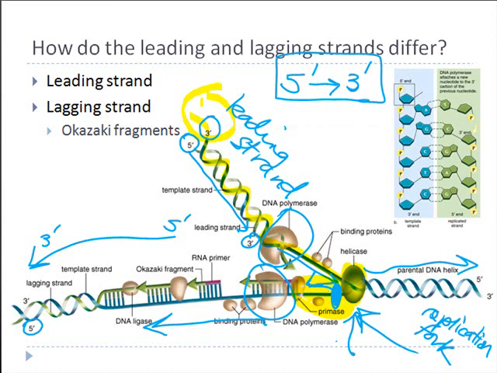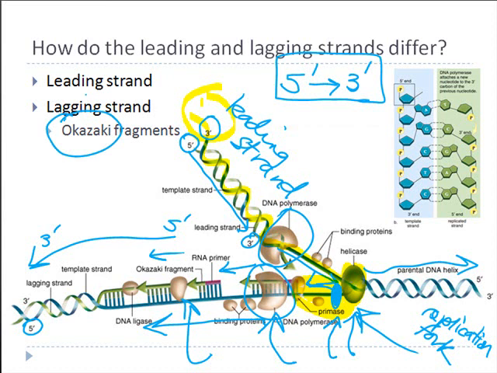And so you can see here, here's one DNA polymerase, here's another molecule of DNA polymerase, here's another, and they are all making little fragments of new DNA. These little fragments of DNA are called Okazaki fragments.